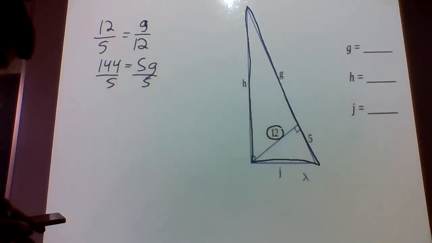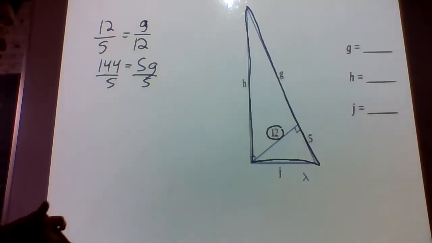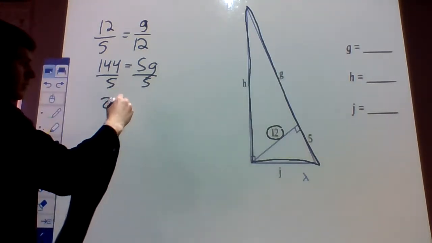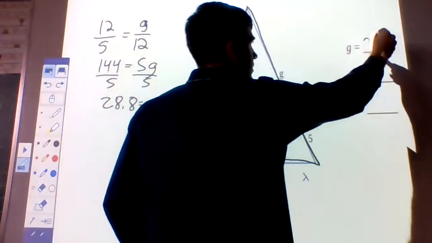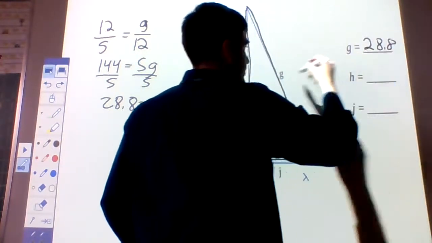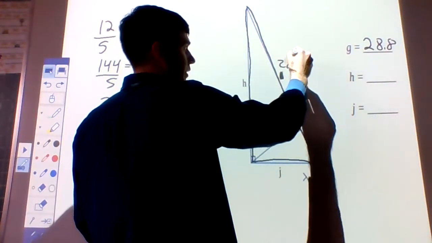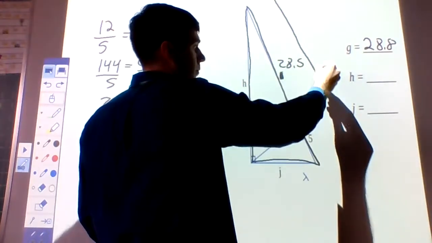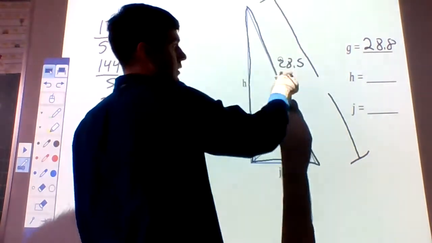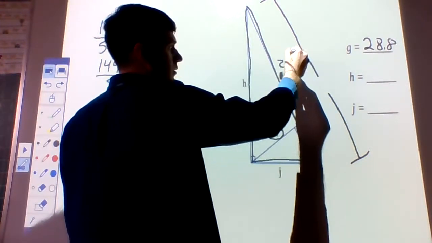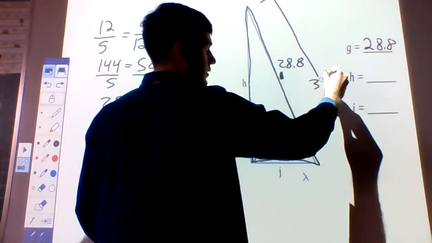Yeah, 0.8, right? 28.8. Okay. We now know that g is 28.8. We can find the whole hypotenuse. Okay, so the whole hypotenuse is going to be 28.8 plus 5, which is 33.8.